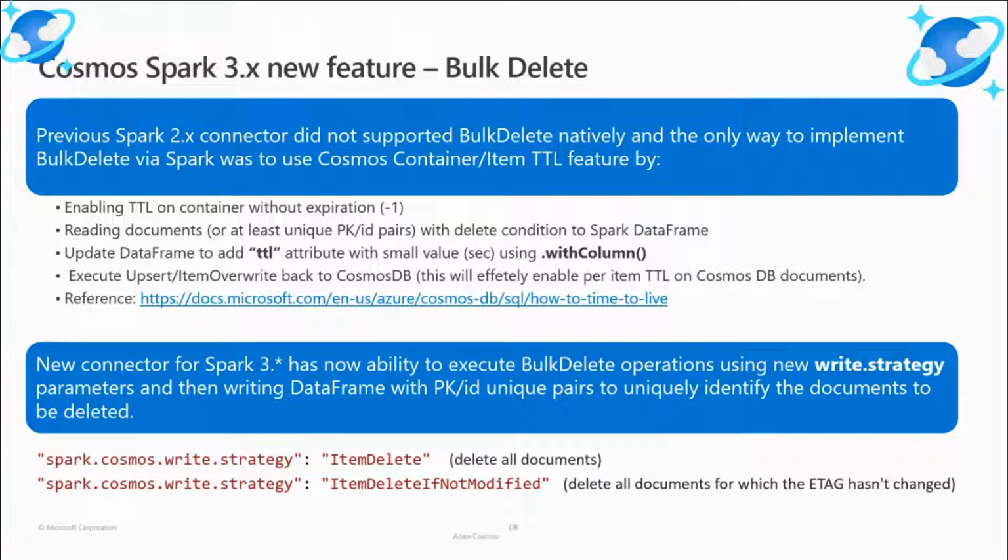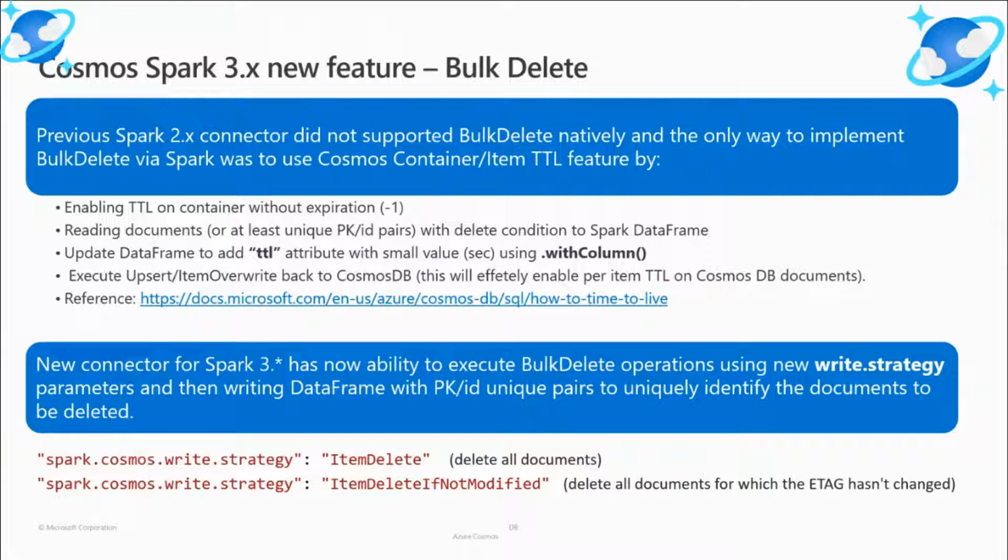The only way to implement bulk delete with Spark was to use the backdoor of the Cosmos TTL feature, where we would enable container TTL without an actual value, then read the PK and ID pairs of the documents to be deleted, add a TTL column to the data frame with a specific small value in seconds, and then upsert those documents back, and then the container TTL would actually delete them.